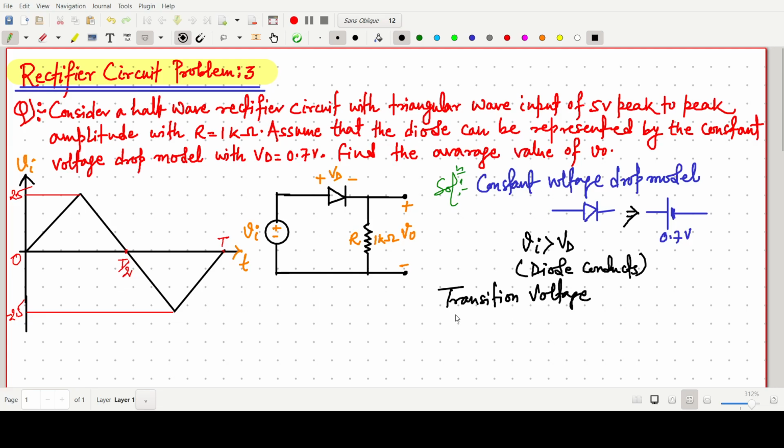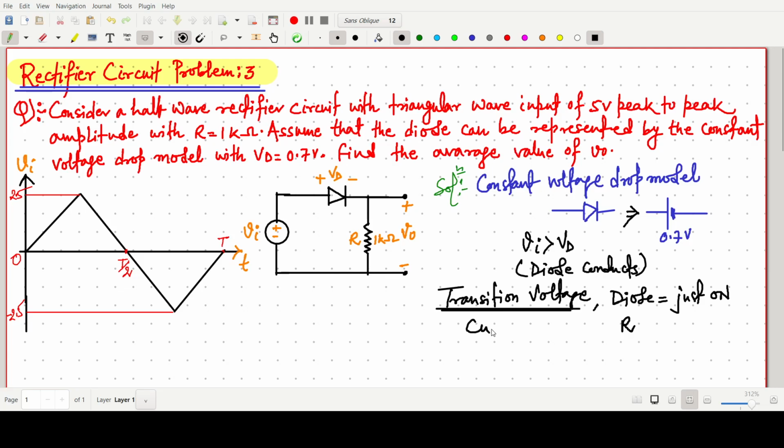In my rectifier video, I have already mentioned how to solve such problems. For the transition voltage determination, we have to make the diode just on.